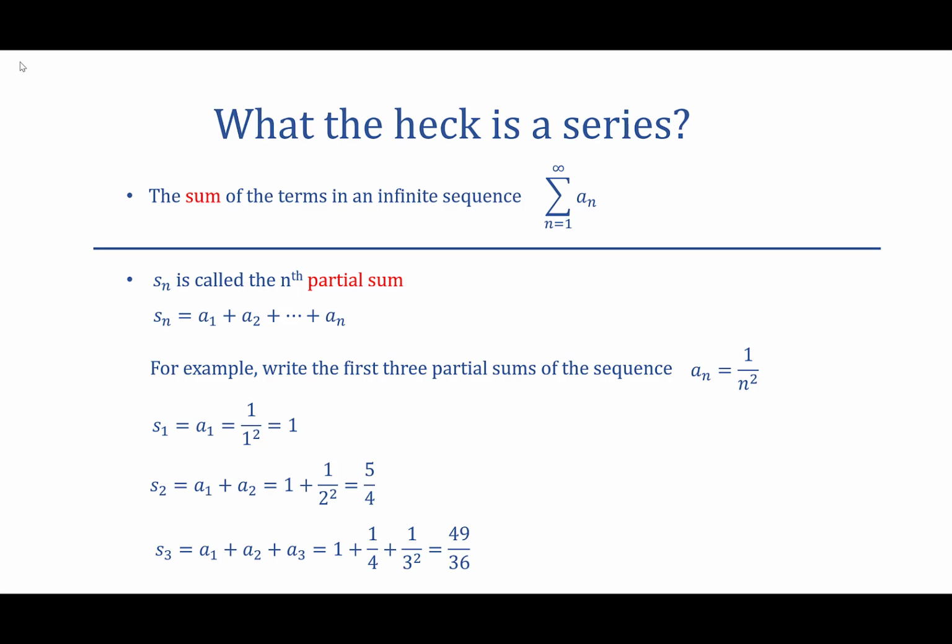So these are partial sums. We're trying to build up to talk about what a series is, which is when we have a sum of an infinite number of terms, not just a finite number of terms.